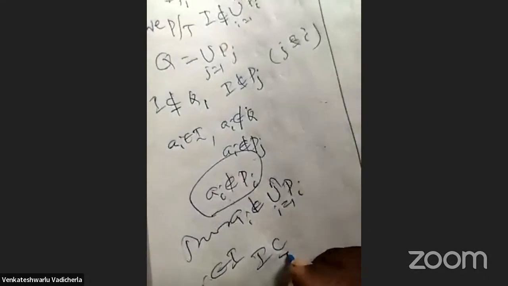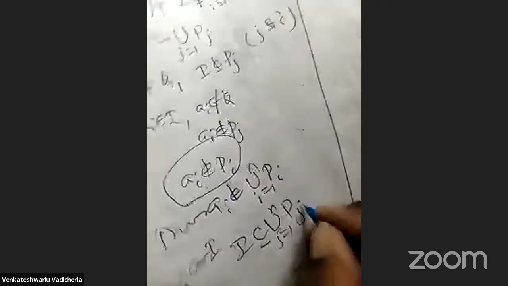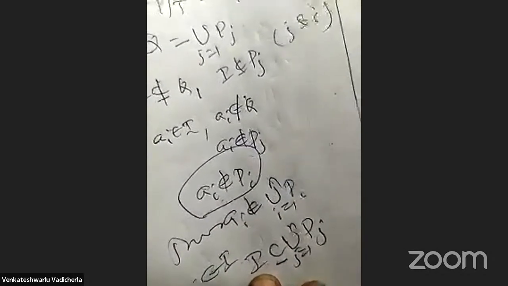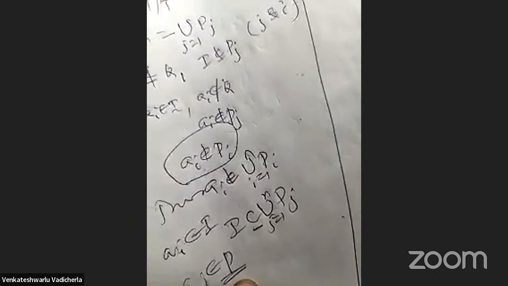Therefore I is a subset or equal to the arbitrary union of j equal to 1 to n of Pj. That is by using the assumption. Otherwise, ai belongs to Pi for all i.